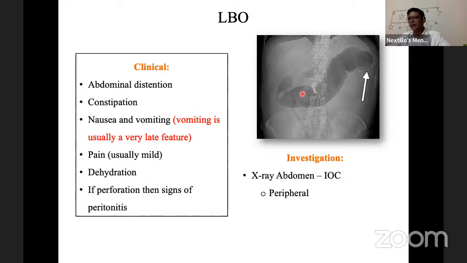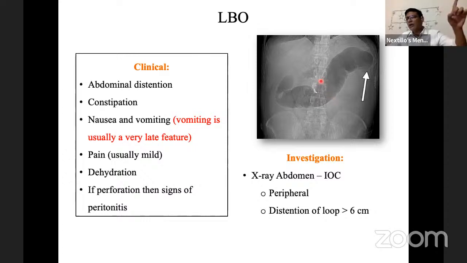This is a large bowel, the transverse colon is what you are seeing here. Over here there is a tumor in the descending colon which has given rise to the obstruction. This loop that has become distended, the cross section from here to here is going to be more than 6 centimeters.